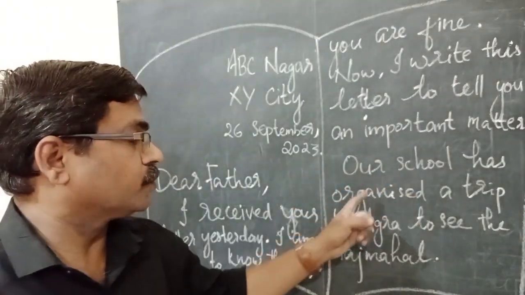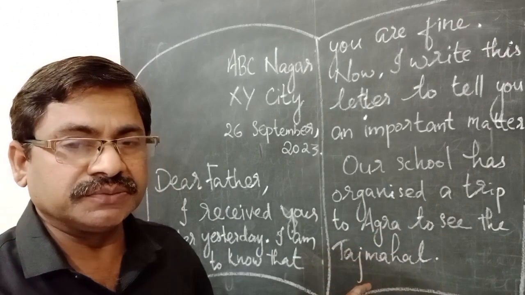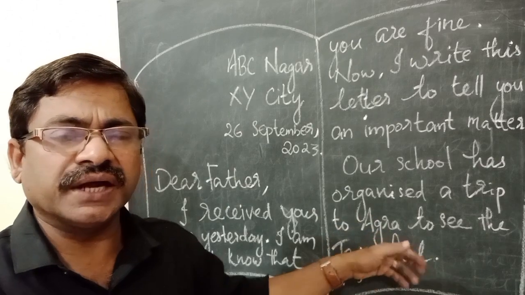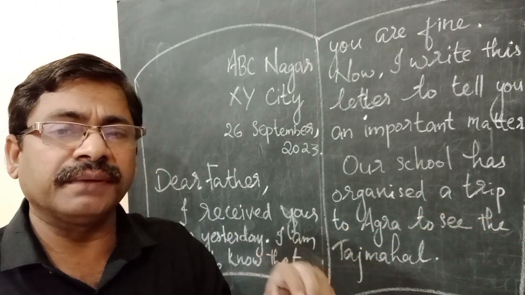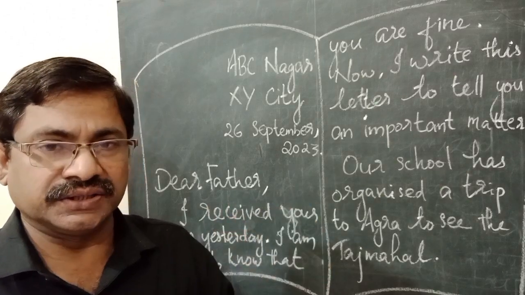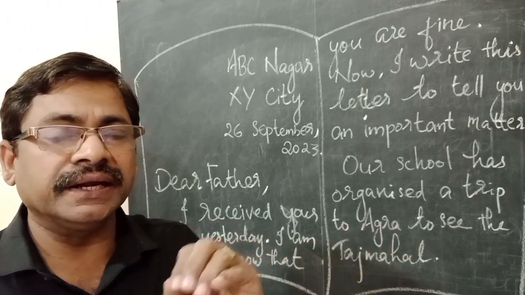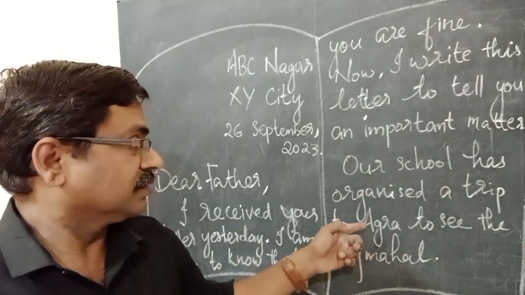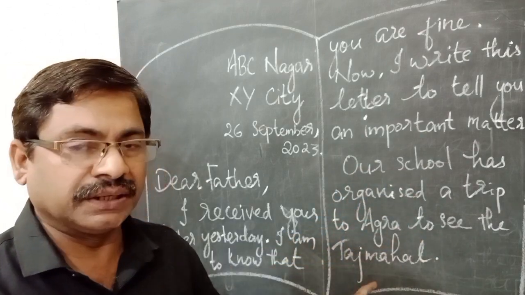Our school has organized a trip to Agra to see the Taj Mahal. This same sentence you can see on the question paper, so there is no need for making any spelling errors. You can look at the question properly and write the sentences without spelling errors.